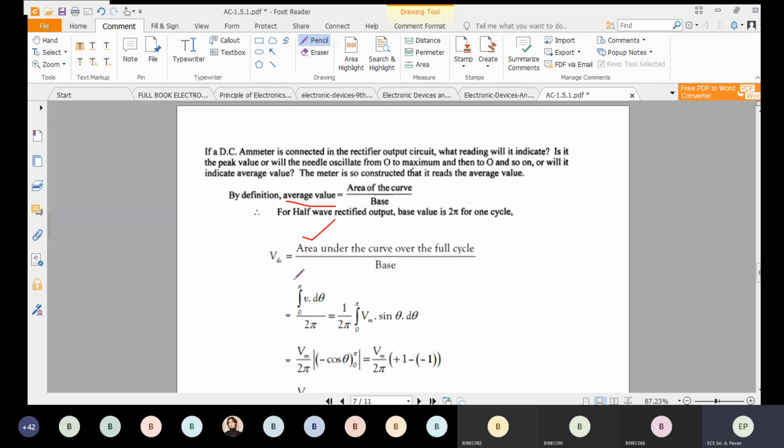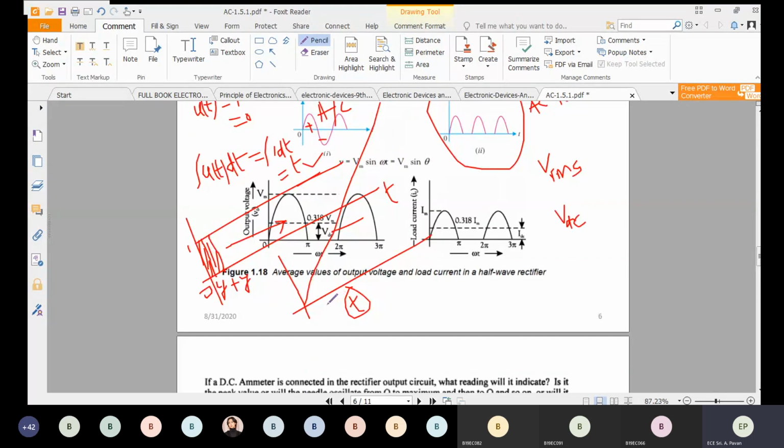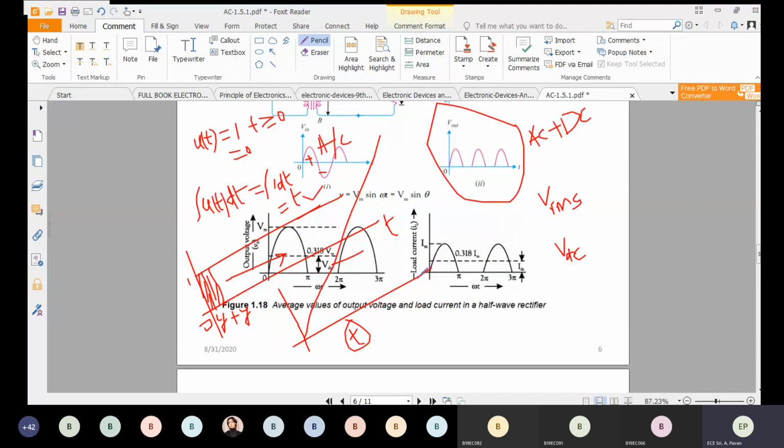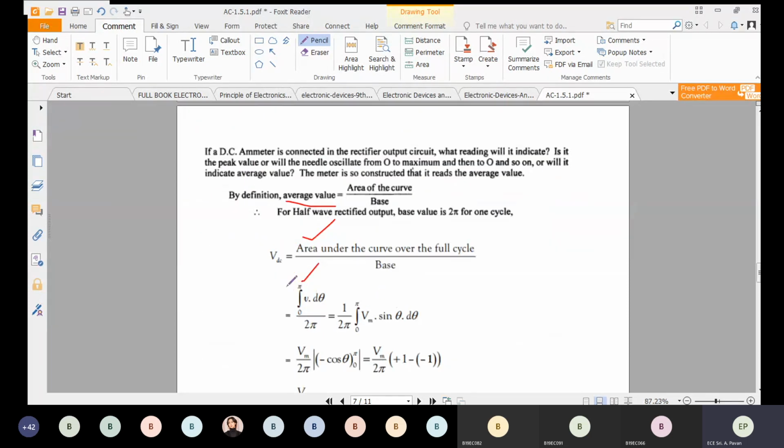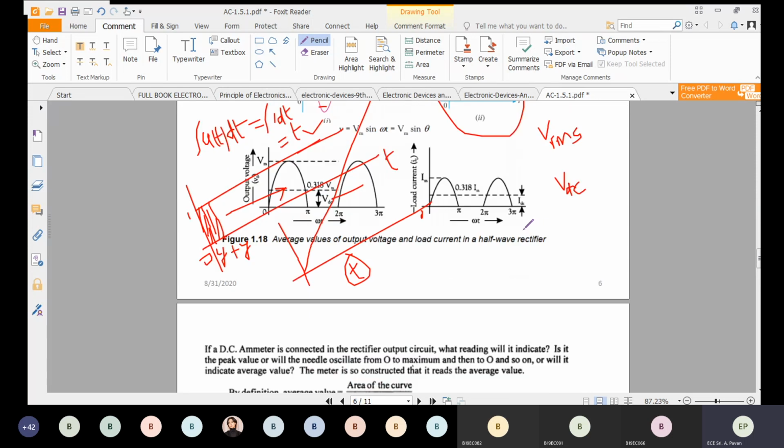Why have we taken pi here? We are getting the signal from 0 to pi only, right? Even though you take 0 to 2 pi here, this 0 to 2 pi is supposed to be converted into two parts. See here, we are getting the output from only 0 to pi.